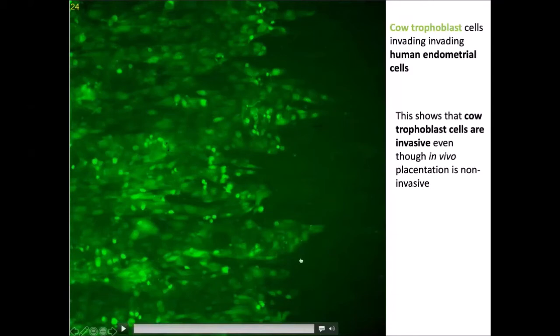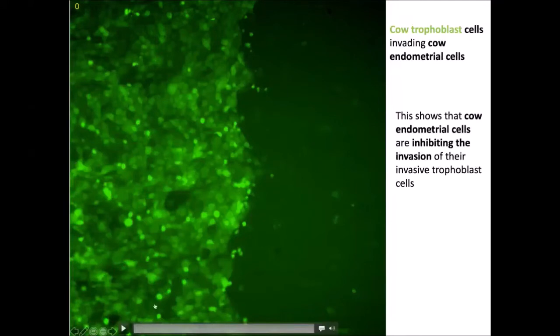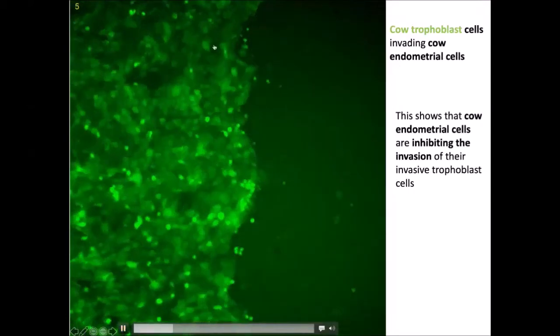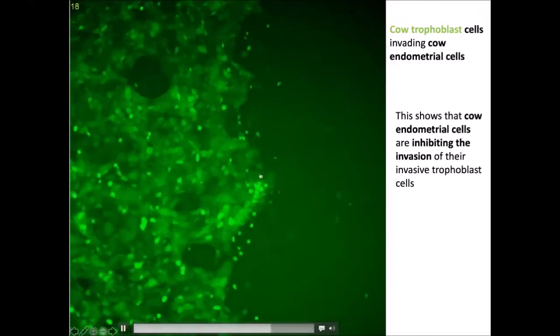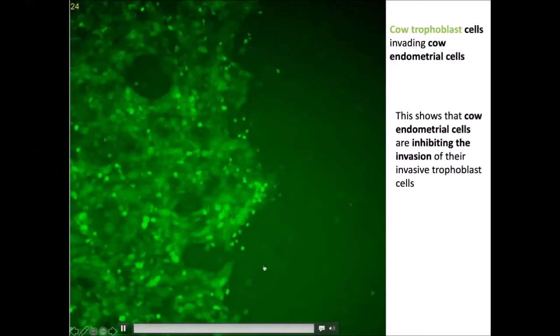But that also confirms the conclusion of this ectopic pregnancy experiment from 1971. And here now you see the same cow trophoblast cells, but facing off with cow endometrial fibroblasts. And you can see that they're still trying, and they gain some ground, but overall their progress is frustrated by the cow endometrial fibroblasts.